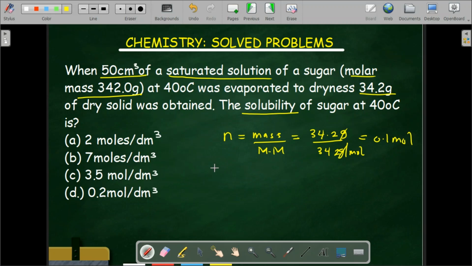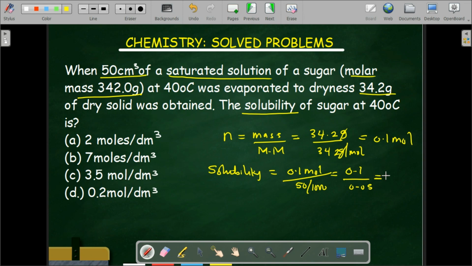Now, how do we calculate the solubility in moles per dm cube? Solubility, as we obtained in the formula earlier, is the number of moles, which is 0.1 moles, divided by the volume given, which is 50 cm cube. So we convert to dm cube by dividing by 1000. So we have 50 divided by 1000, which is the same as saying 0.1 divided by 0.05.